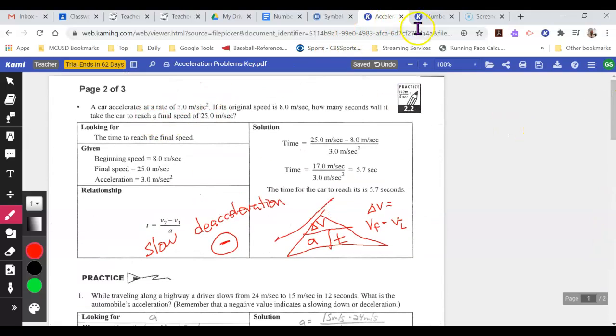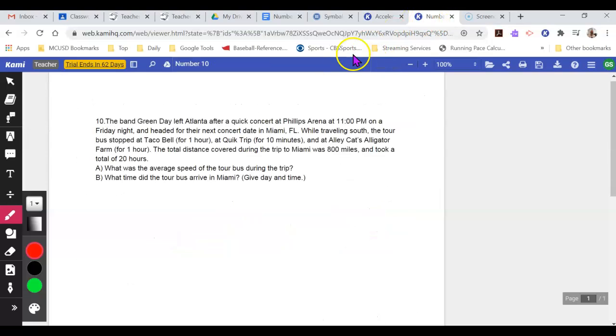One thing I did want to go over is I did grade your silly speed problems, and the most common problem that I think students had was in number 10. So I'll go ahead and solve that here. The band Green Day left Atlanta after a quick concert at the Phillips Arena at 11 p.m. on a Friday and headed for their next concert day in Miami.